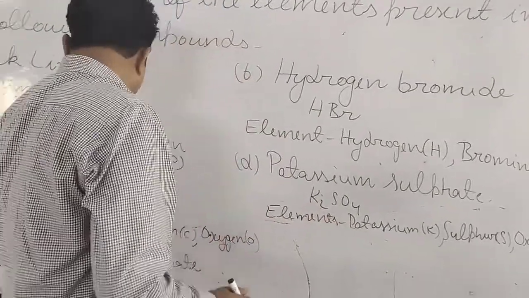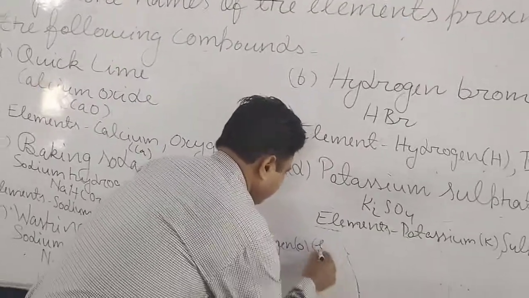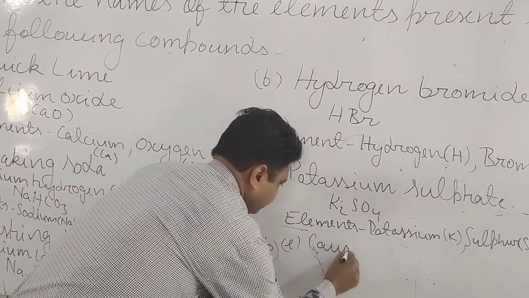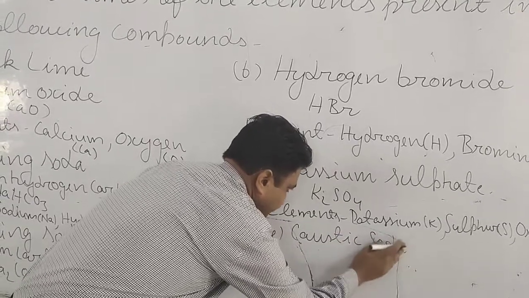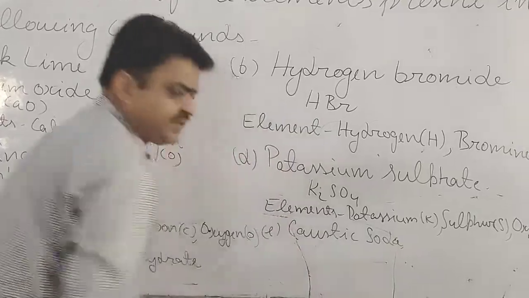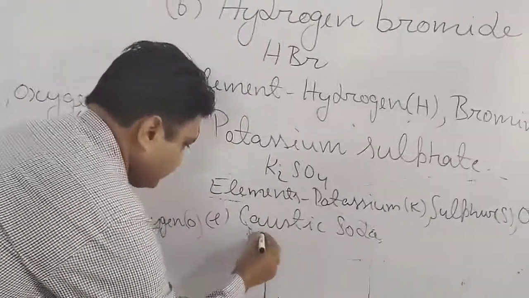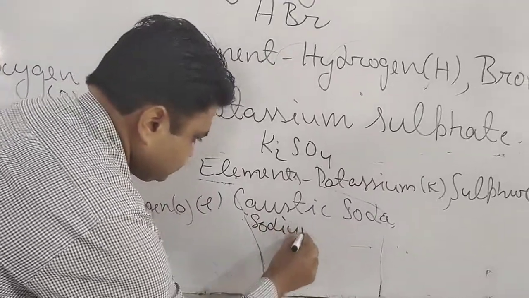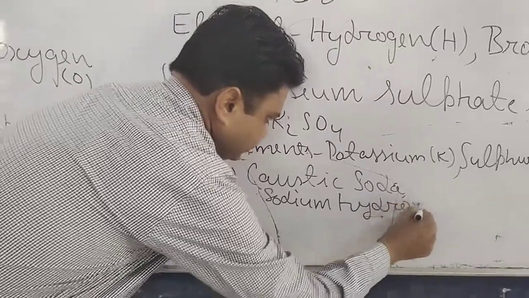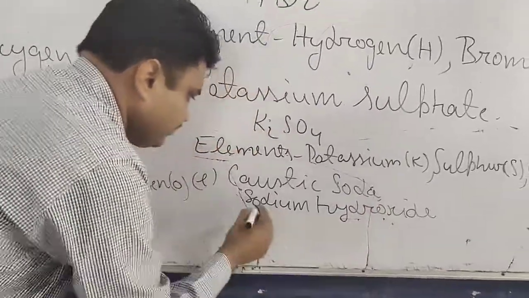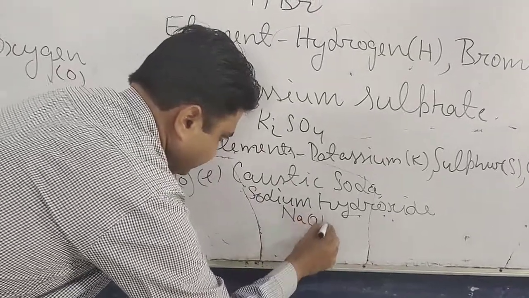Like this, there is another soda also, student, that you can also learn. It is caustic soda. So it is the general name. What is the chemical name of caustic soda, student? It is sodium hydroxide. And what is the chemical formula of this? It is NaOH.